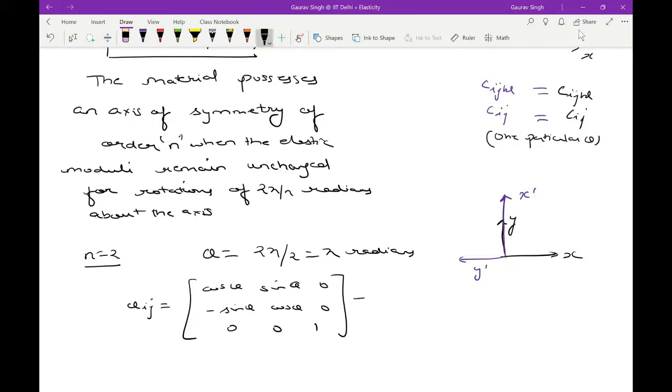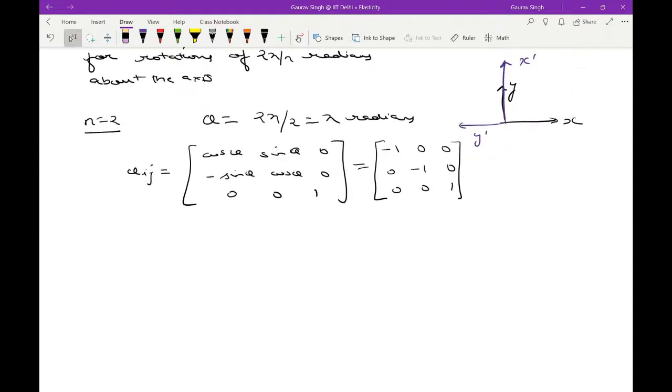If you substitute theta equal to pi, you would get this as minus 1, 0, 0; 0, minus 1, 0; 0, 0, 1. Now the transformation relation is Cijkl is equal to Qim Qjn Qkp Qlq Cmnpq.